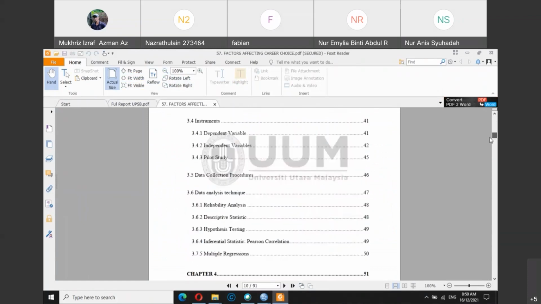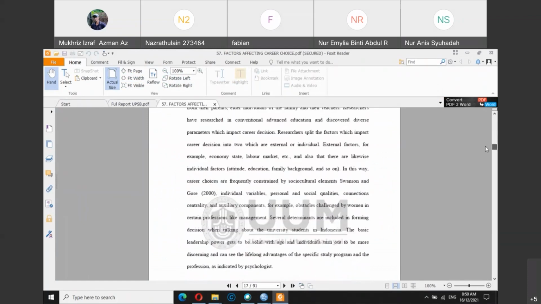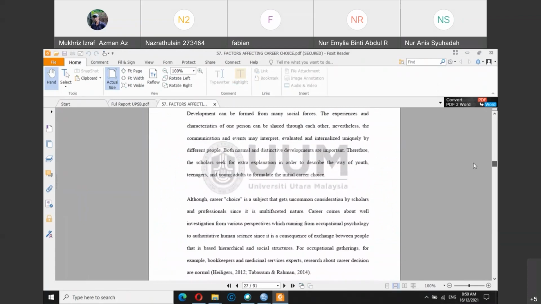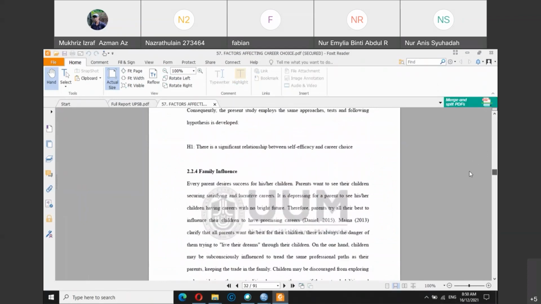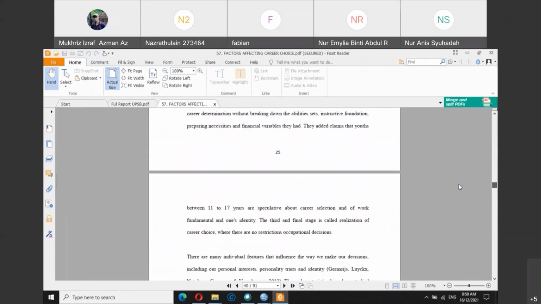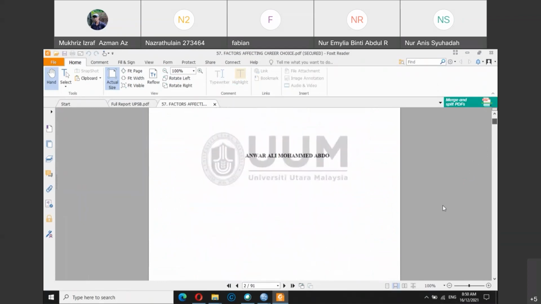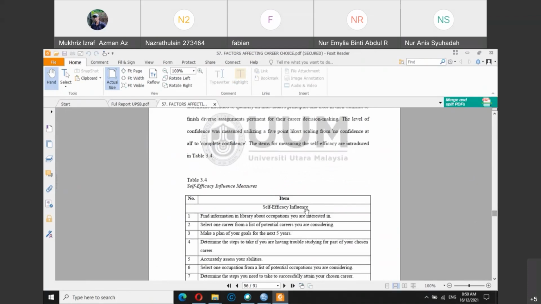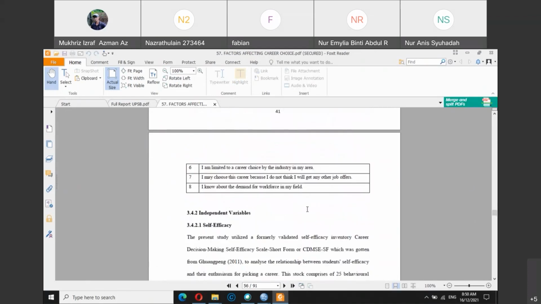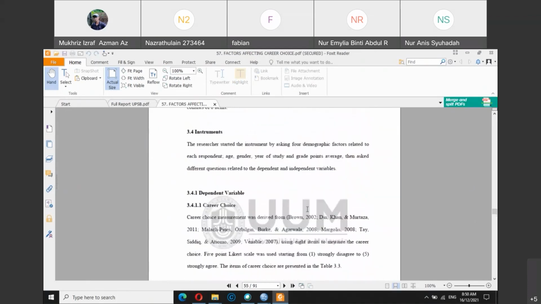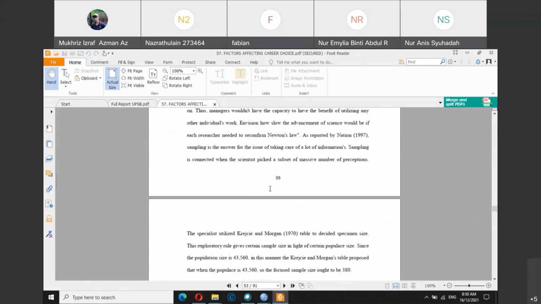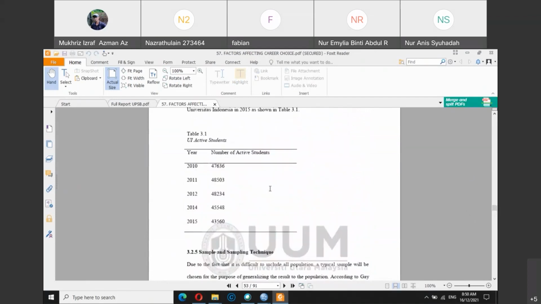So you can see how the layout for chapter 3, which we discussed already a few weeks ago, is expected, what is expected for you to have in your chapter number 3. Those will be the main components. For example, here in this particular thesis, number 57, factors affecting career choice.